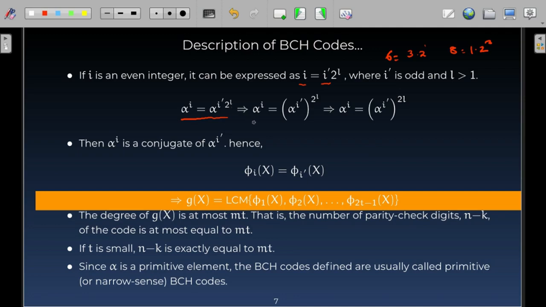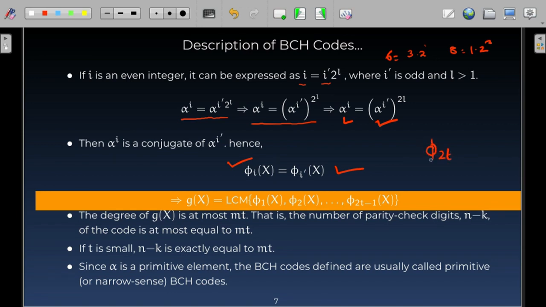What that means is that alpha to the power i is equal to alpha to the power i dash, raised to the power 2 to the power l, and we know that beta and beta to the power 2 to the power l are going to be conjugates. So in this case, alpha to the power i and alpha to the power i dash are going to be conjugates of each other. In that sense, the minimal polynomial with respect to alpha to the power i and alpha to the power i dash is going to be the same.